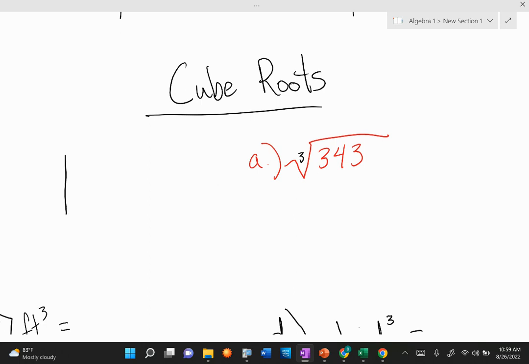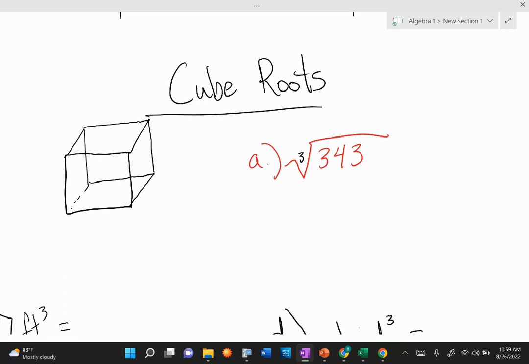Okay, so when we were working with square roots, we were working with squares. When we're working with cube roots, we are working with cubes.